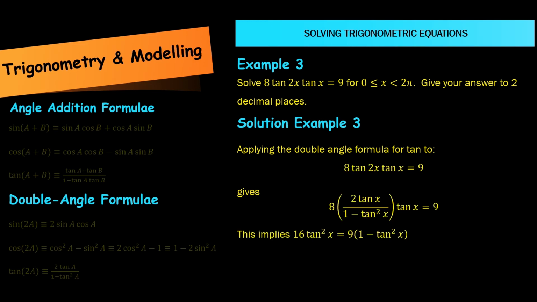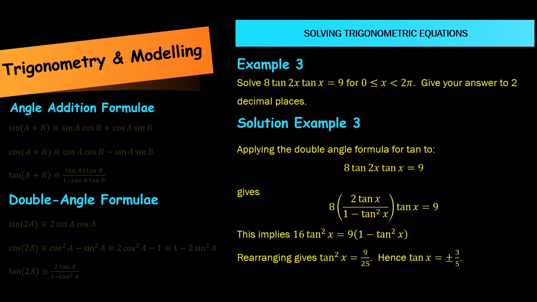Multiplying through this by 1 minus tan squared x then gives us this expression, and multiplying out and rearranging gives us tan squared x equals 9 over 25. Therefore, tan x equals plus or minus 3 over 5.